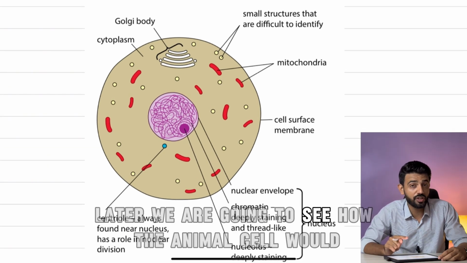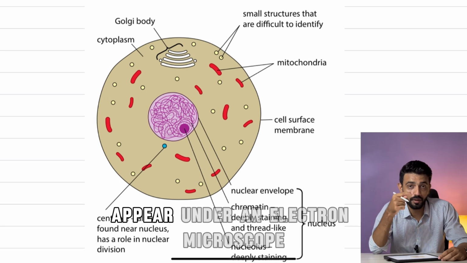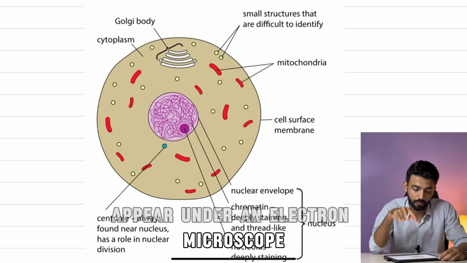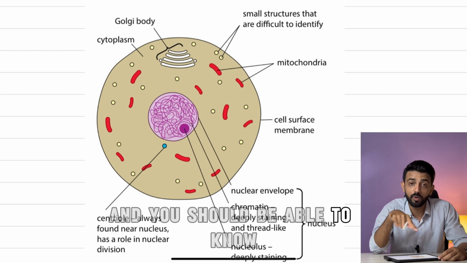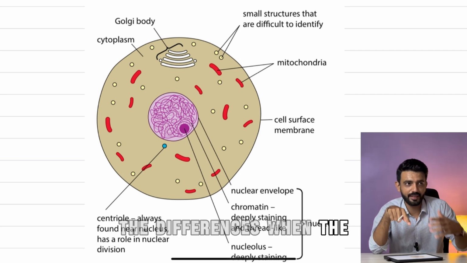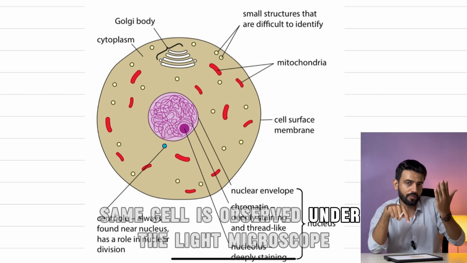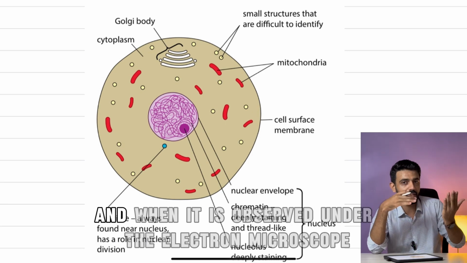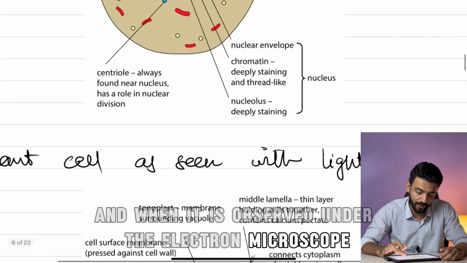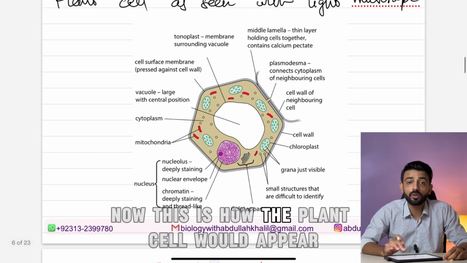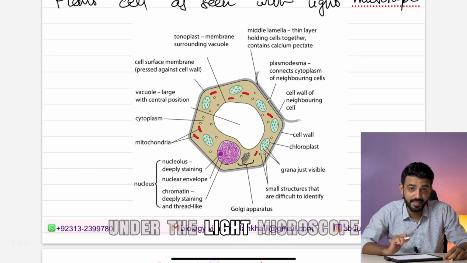Later we are going to see how the animal cell would appear under an electron microscope, and you should be able to know the differences when the same cell is observed under the light microscope and under the electron microscope.